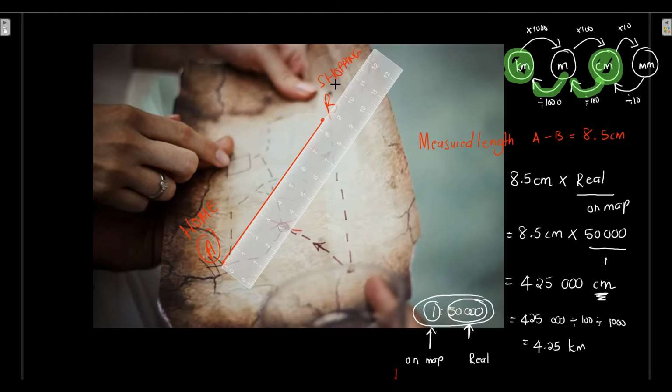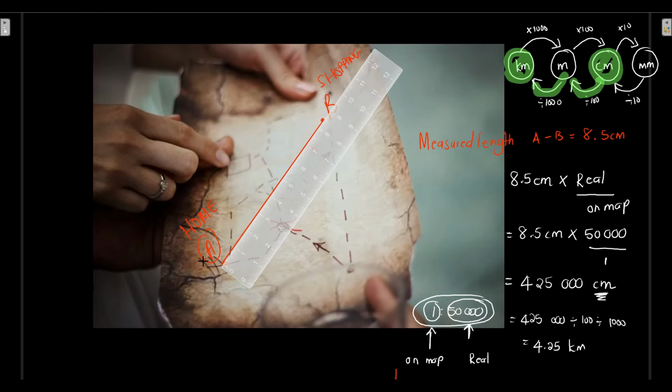And then we can convert that 8.5 centimeters into the actual distance in real life, not on the map, but in real life. If we had to go from your house to the shopping center, what is that distance?